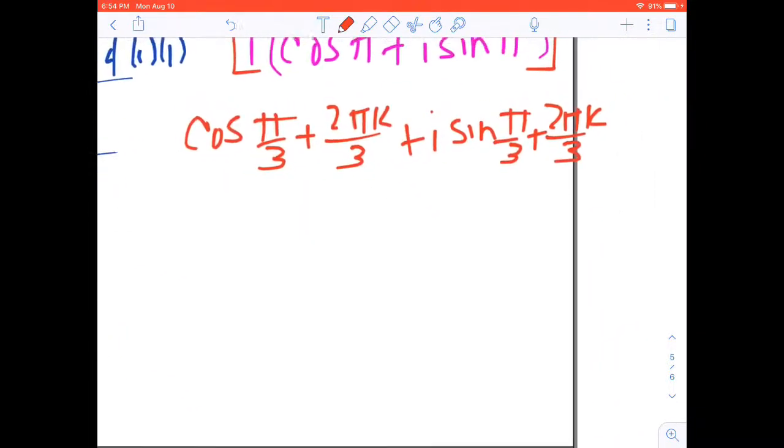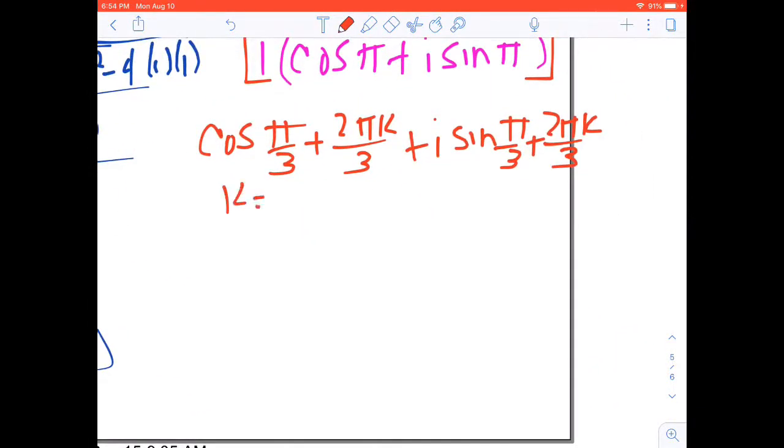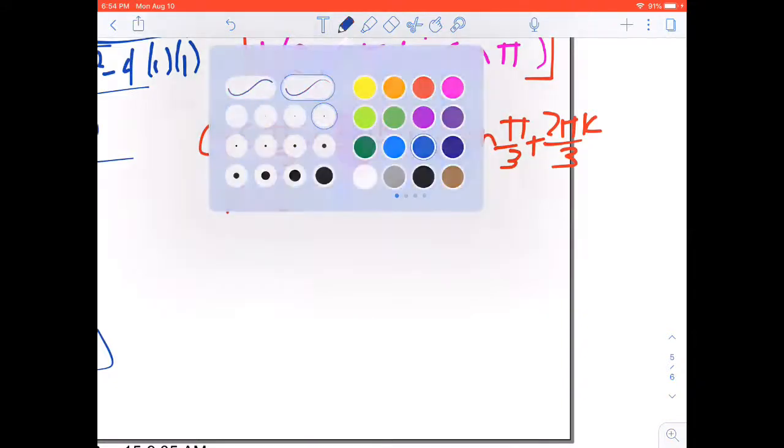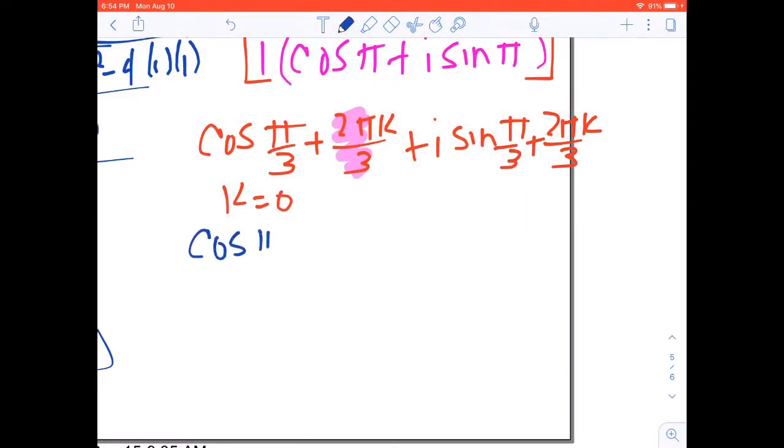So when k is equal to 0, then you don't have to add that 2 pi over 3. We are just left with the cosine of pi over 3 plus i sine pi over 3.